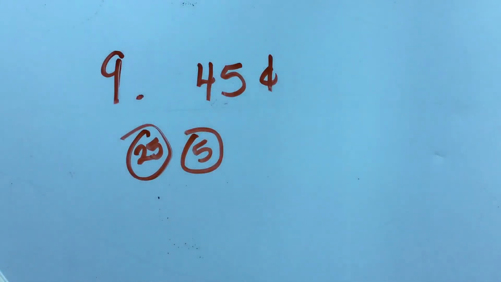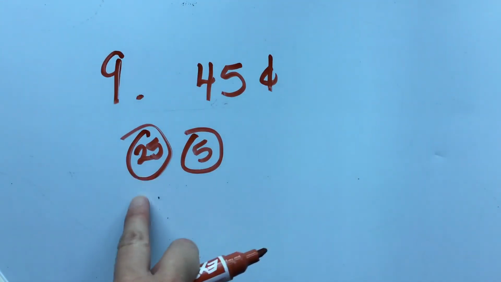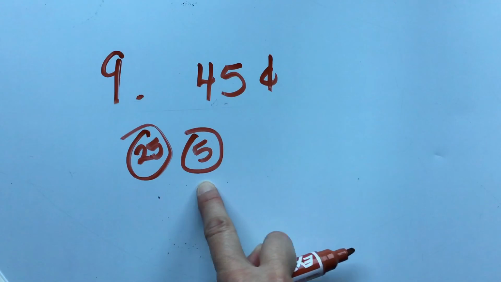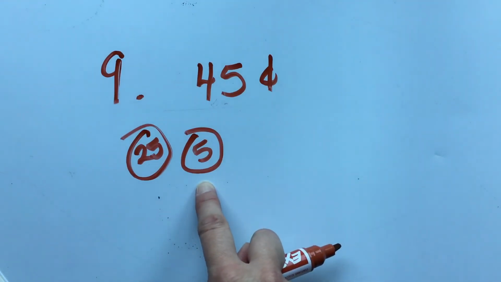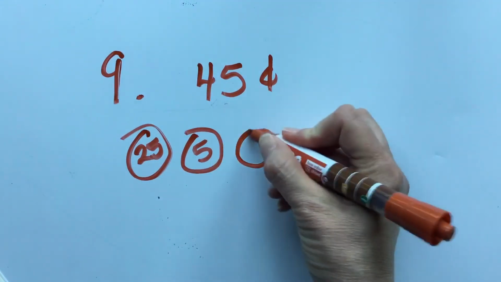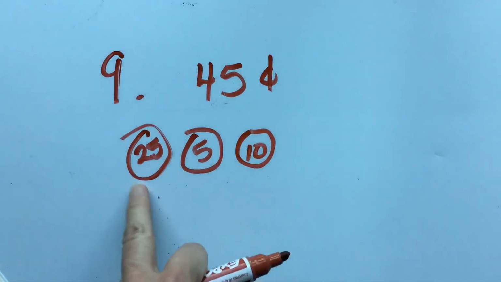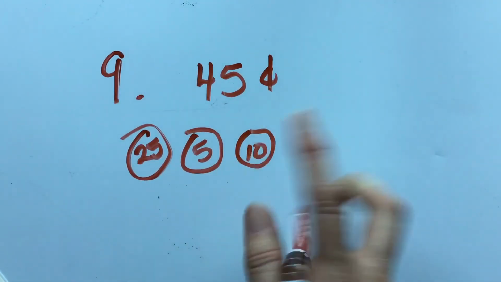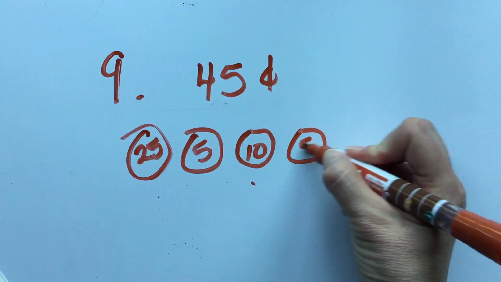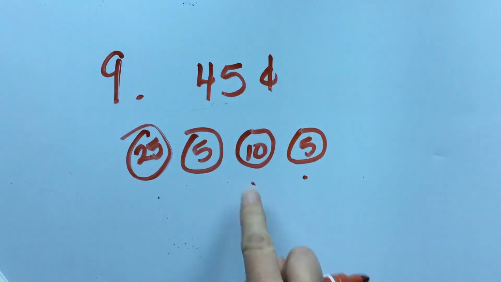What do I have so far? 25, 30. Now to get to 45, I'm going to have to use 2 different coin values. Now if I add a quarter, that's going to be too much. So I'm going to go to my next valued coin, 10 cents. 25, 30, 40, 45. I added a dime and a nickel to reach my total. I used 2 different coin values.